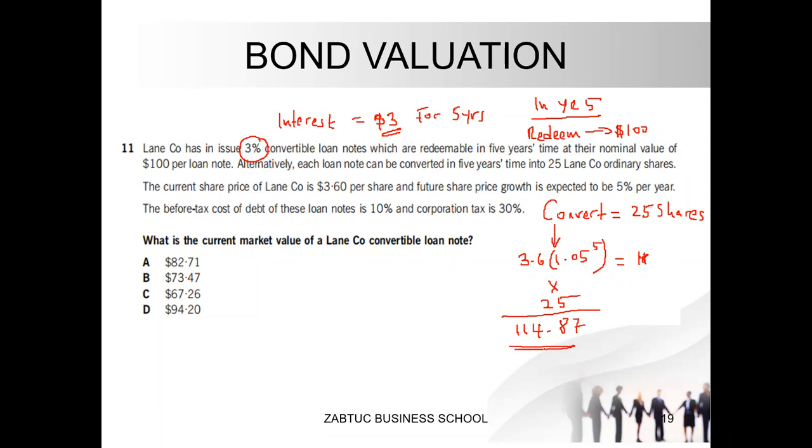Between these two, we went for the higher benefit. Then we discounted this as an annuity and this as a one-off cash flow. This one is an annuity because it's a constant figure over 5 years, every year, and this one is a one-off figure. So basically that's the principle that we have followed.